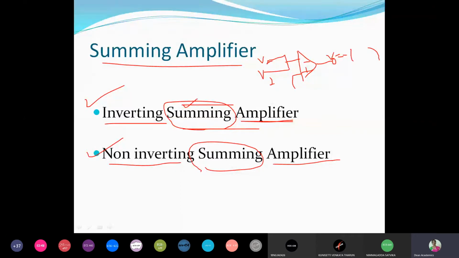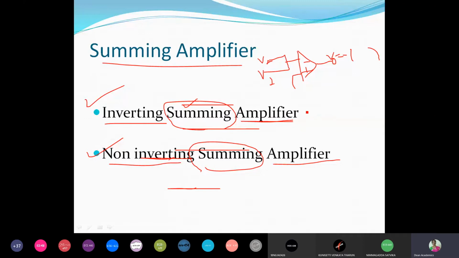So in this class we are going to design these summing amplifiers, right? The knowledge we have acquired in op amps, we are going to use for the design purpose. That means we are going to design an inverting amplifier or non-inverting amplifier.